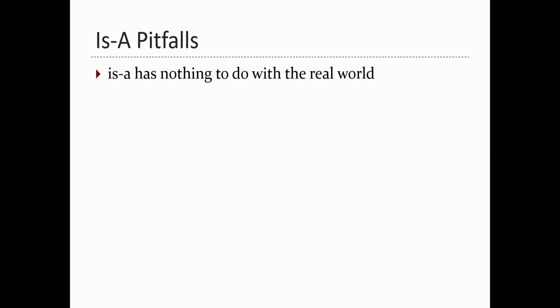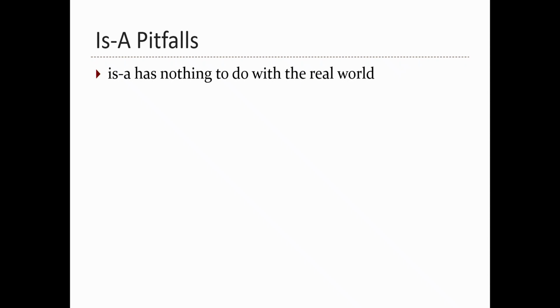Okay. Now, one of the things you have to remember is that this notion of inheritance is not a real-world concept. So is-a, or is substitutable for, has nothing to do with the real world. It's purely a programming construct.